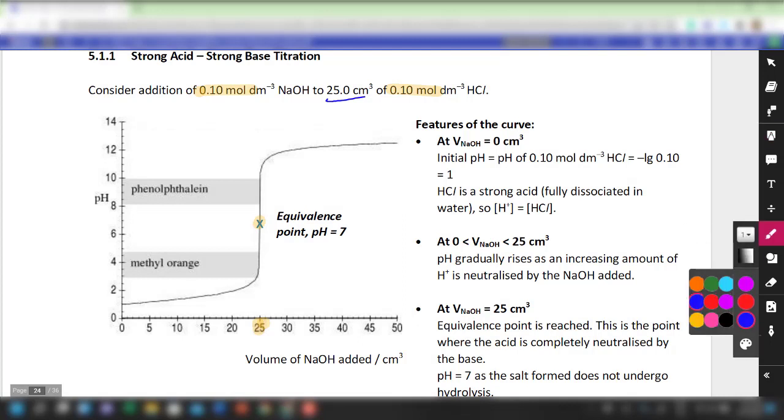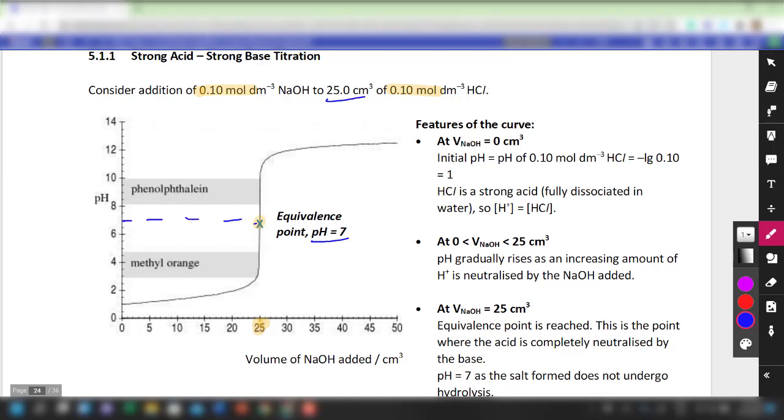And from the graph, if you just extrapolate to the left hand side, you notice that the pH is 7. It shouldn't come as a surprise, because if I have exactly a certain amount of HCl, which is essentially just H+, and then I add in the exact amount of OH- into the solution, I will not have any excess amount of H+ or OH-.